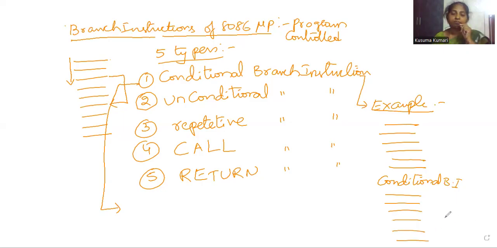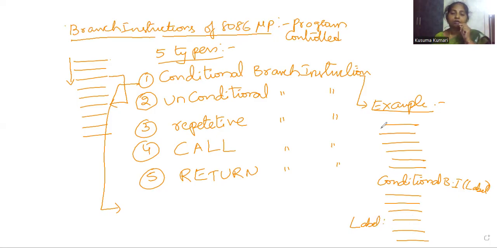Now we have to give where to jump, to which instruction address it has to jump. That is called the label. For example, here we are giving the label.